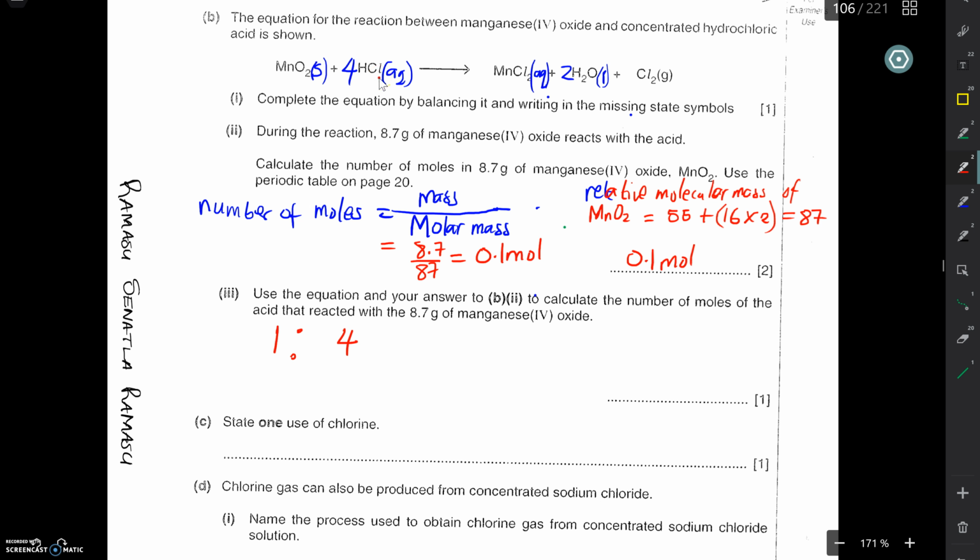Part D says that chlorine gas can also be produced from concentrated sodium chloride solution. Name the process used to obtain chlorine gas from concentrated sodium chloride solution. Well, you use electrolysis. Electrolysis is the process used to obtain chlorine gas from concentrated sodium chloride solution.